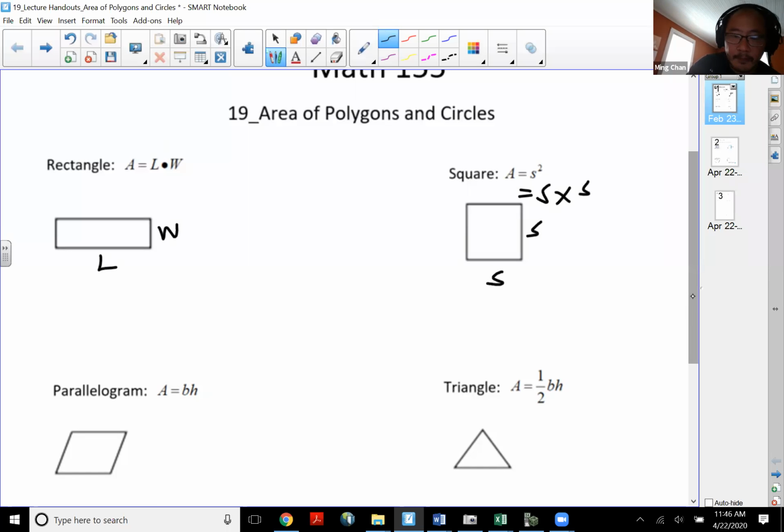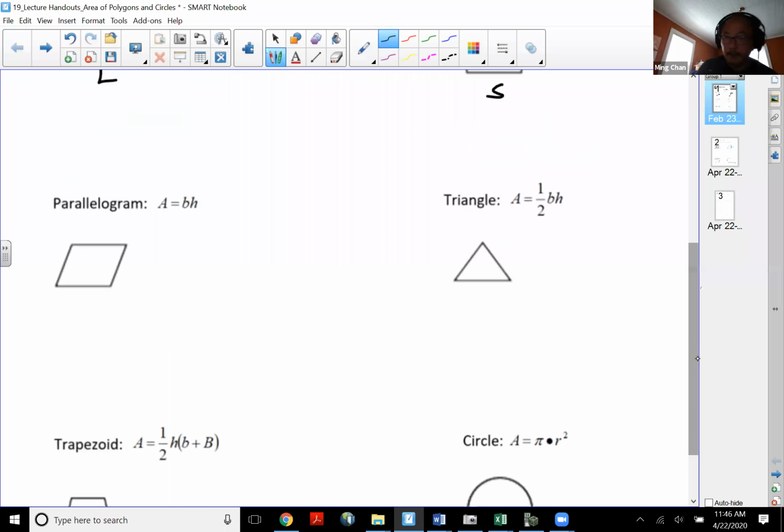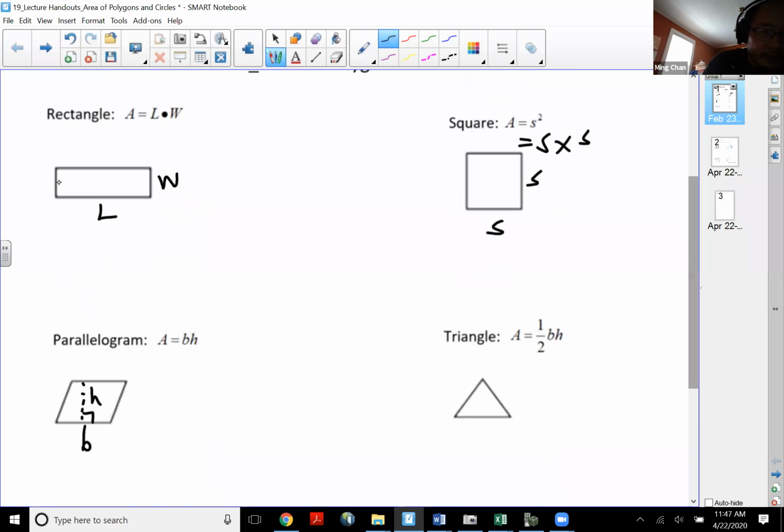All right. Parallelogram. Again, a parallelogram has a base and a height. And I need to emphasize this. Height is always gonna be perpendicular to the bases. Okay, so I didn't draw it in the previous video, but the base and the height always have a 90-degree angle marking on it.